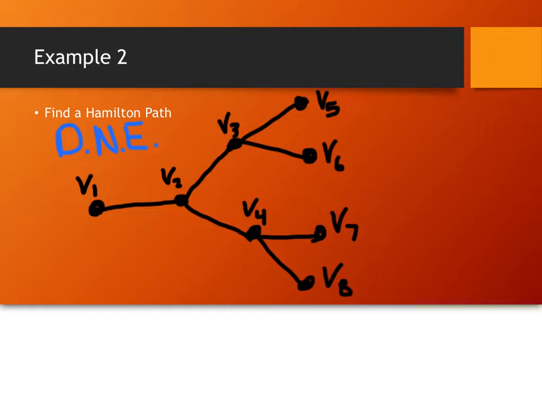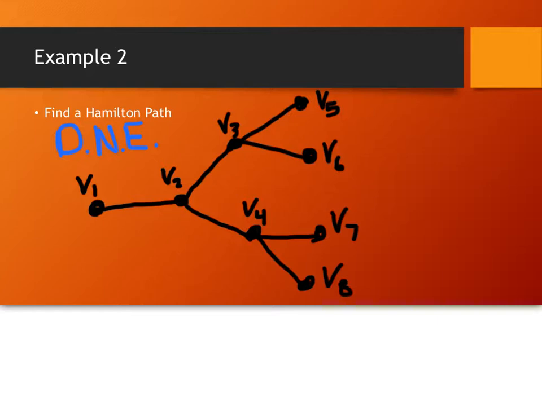And there are going to be cases where you have graphs where the Hamilton path doesn't exist. We saw a case just a second ago where the Hamilton circuit didn't exist and the Hamilton path did exist. Here, neither the Hamilton path nor the Hamilton circuit exists.